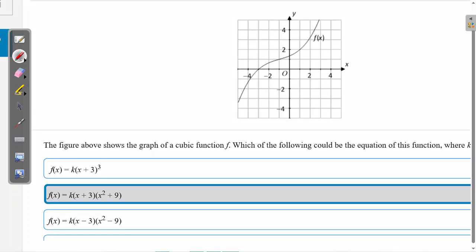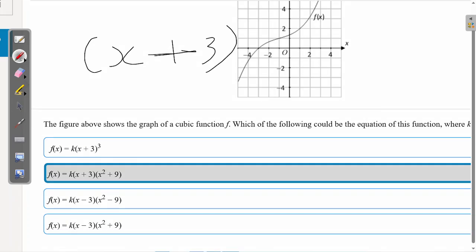We can see the x-intercept here is negative 3. So what does that mean? Our choice has to have x minus the x-intercept, so x minus negative 3, which is x plus 3. Let's see which one has x plus 3. This one does, and these two don't, so we eliminate them.